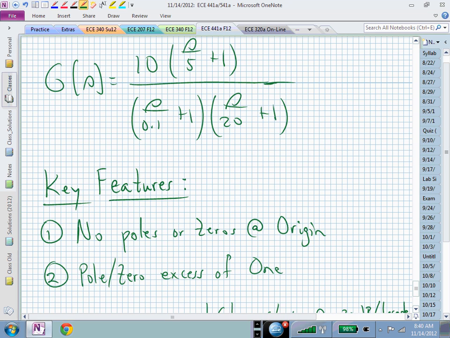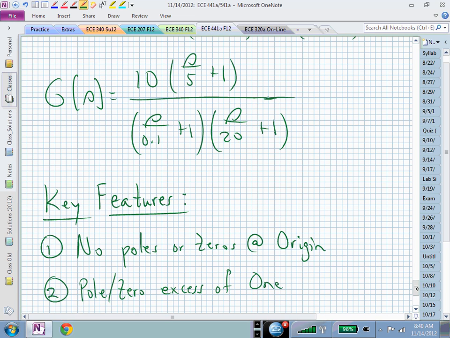Where's the magnitude going to start? What's our DC gain? In time constant form, that's pretty easy if you don't have poles and zeros at the origin.